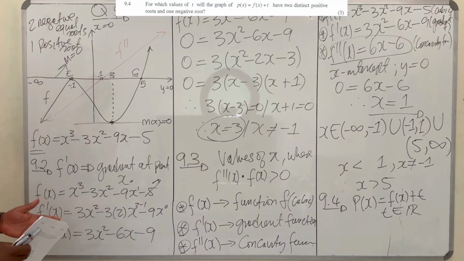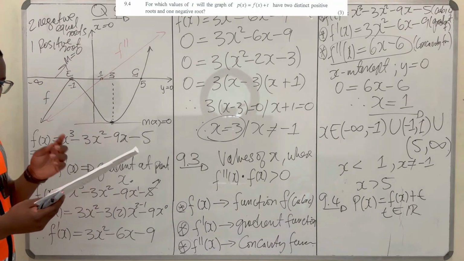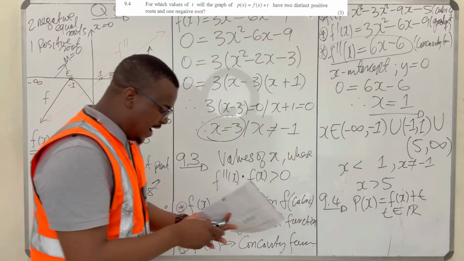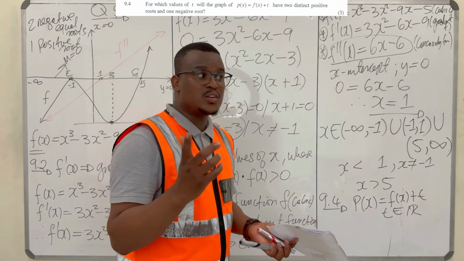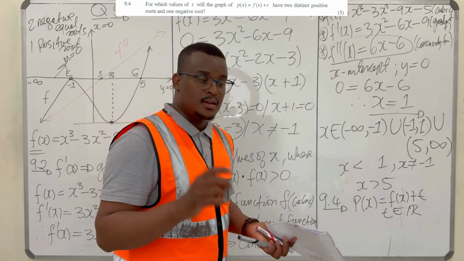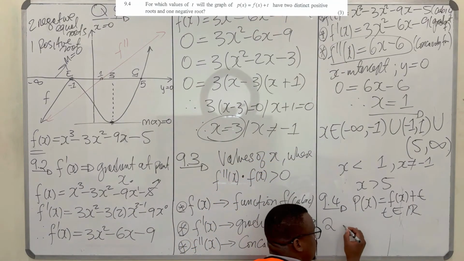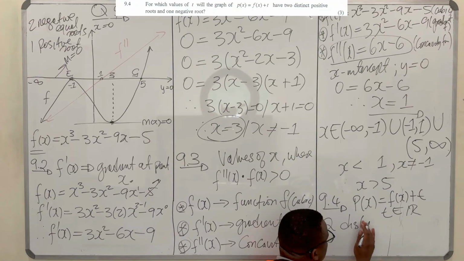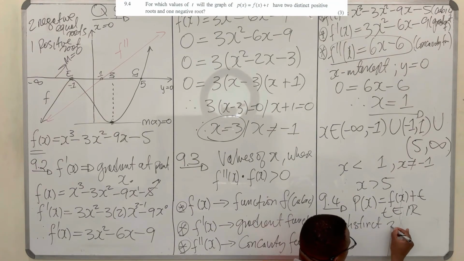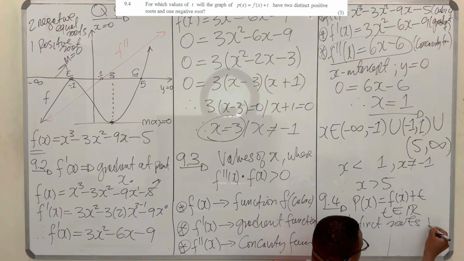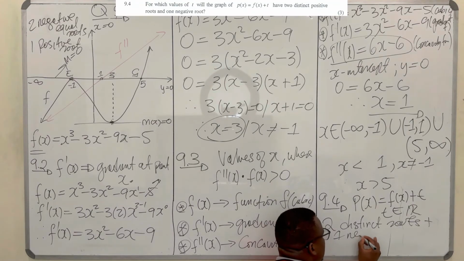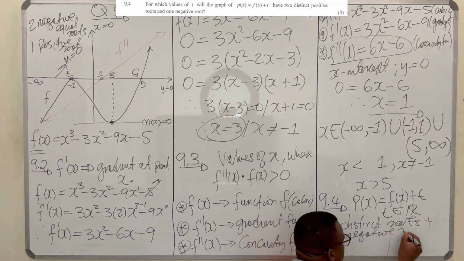So what they want you to find now, they're asking you what should the values of t be. So what should t be such that you have 2 distinct roots and 1 negative root?